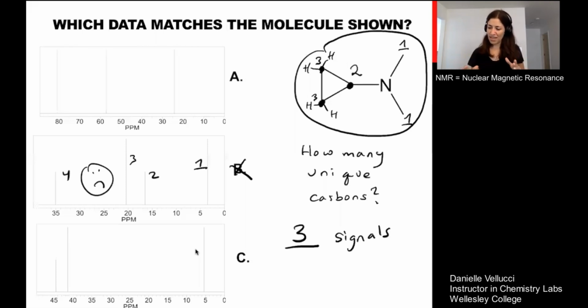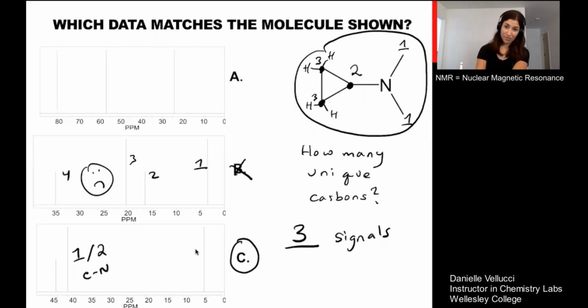And so if we take a look back at the previous slides, we would most likely choose C to be the correct spectrum for this molecule, where maybe carbons 1 and 2, which are carbon nitrogen bound, would be in this more downfield region where we see carbons bound to a more electronegative atom.